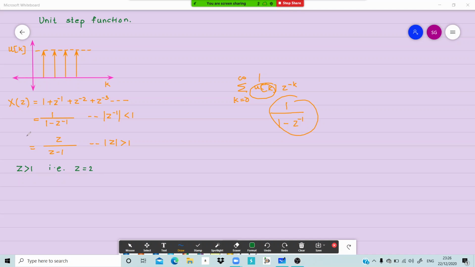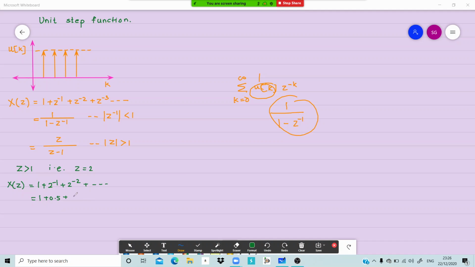And I'll try to put that in the original series. So you will have X(z) equal to 1 plus 2 raised to minus 1, 2 raised to minus 2, and will continue. So I can write 1, 2 raised to minus 1 means half, 0.5, right?